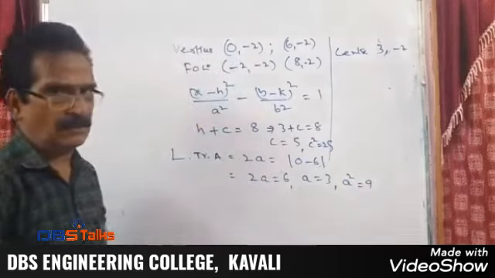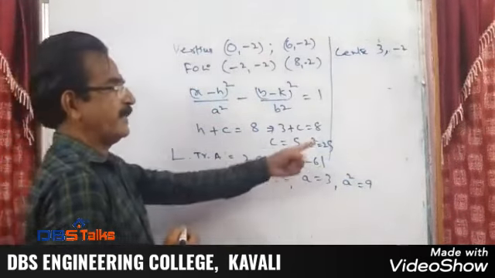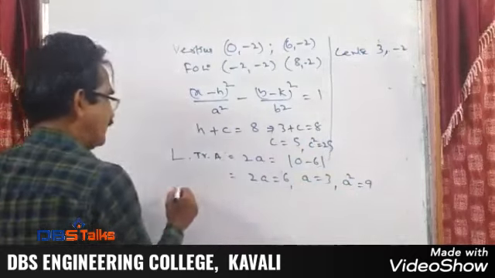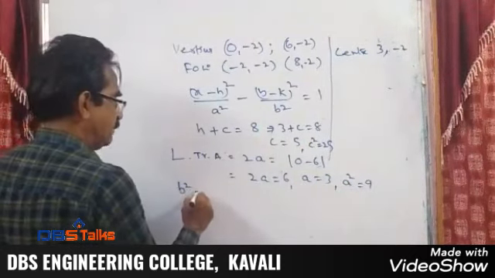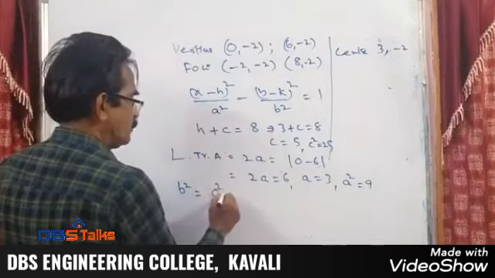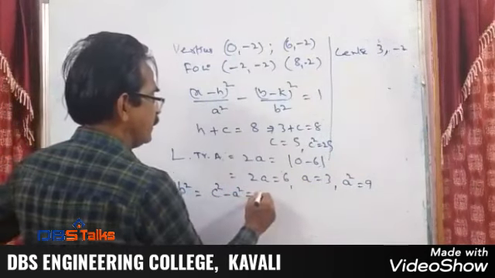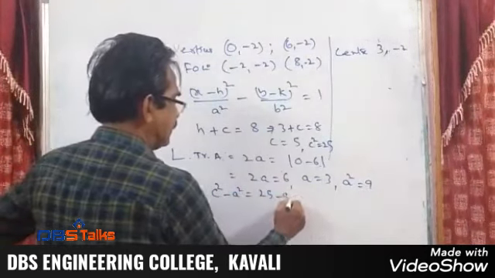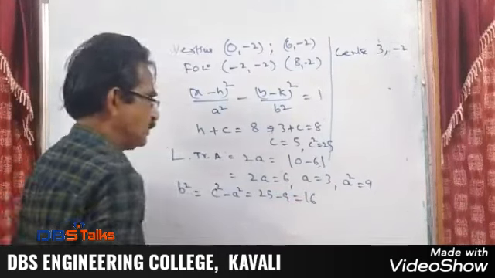We know c square, we know a square, so we can find b square. b square is equal to c square minus a square, 25 minus 9, 16. So b square is equal to 16.